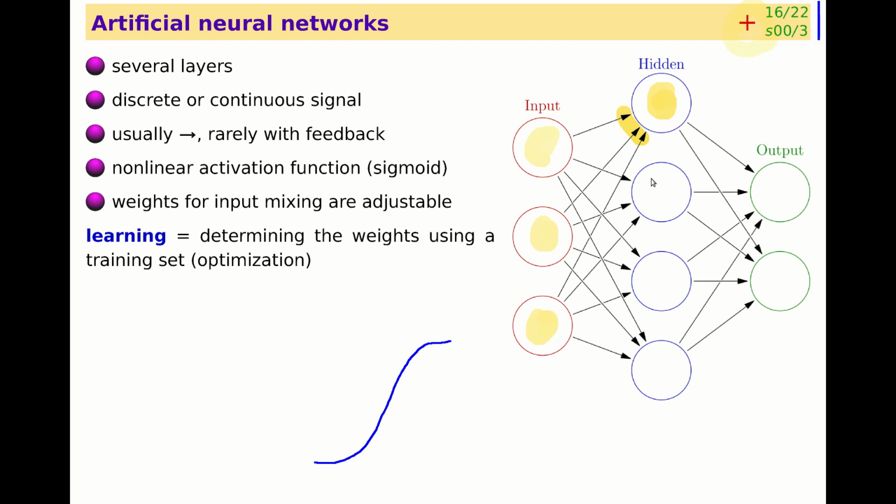but to give good results, we must train this network. So we take a lot of inputs for which we know the outputs. For example, a lot of pictures of cats, then we know that there is a cat there.